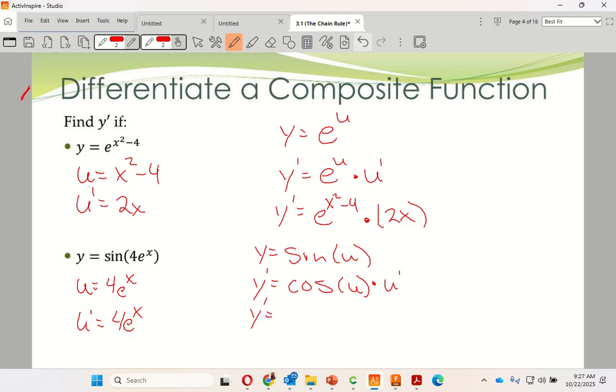You're rearranging it now? Yeah, I rearranged. Okay, that's fine. 4e to the x times cosine of 4e to the x.